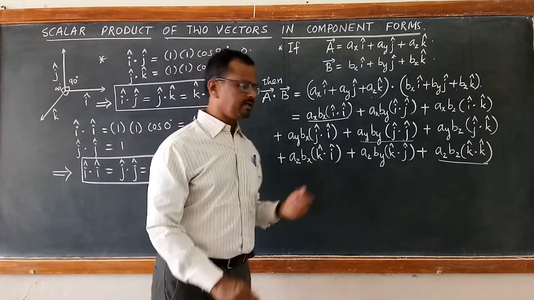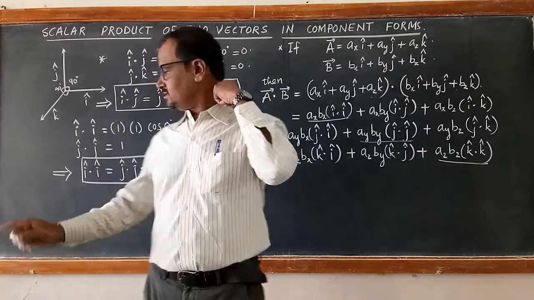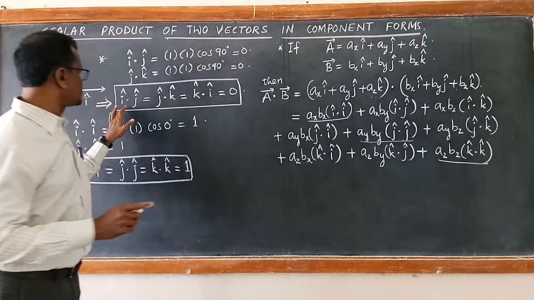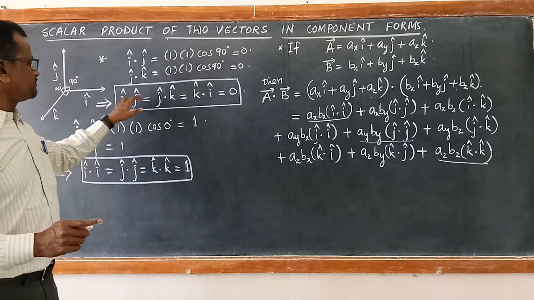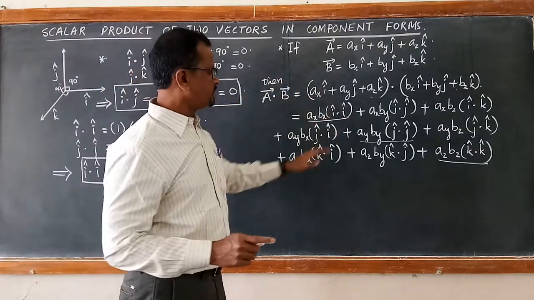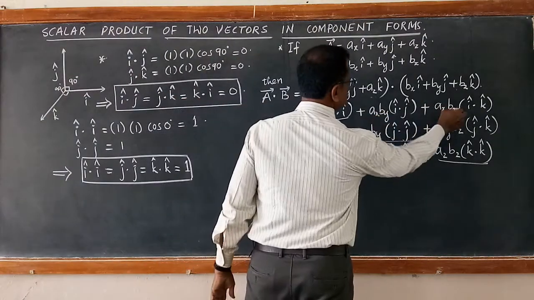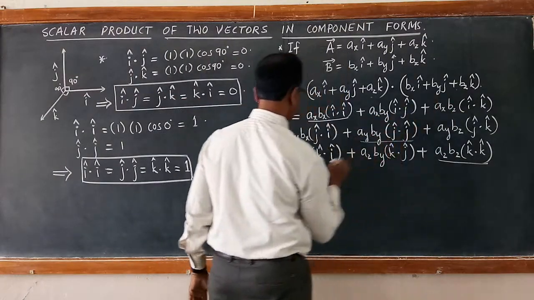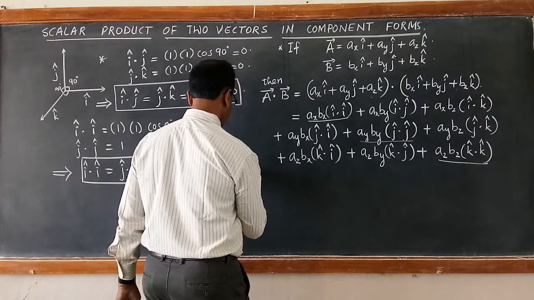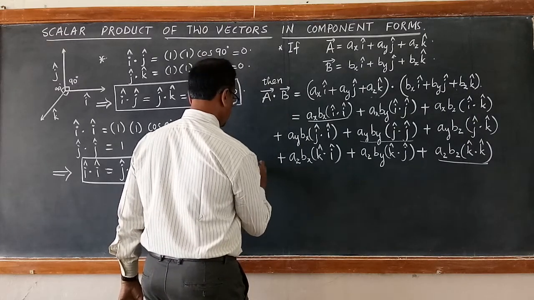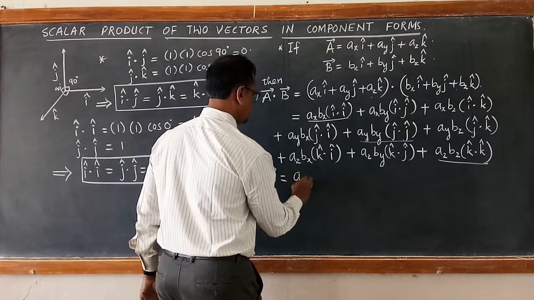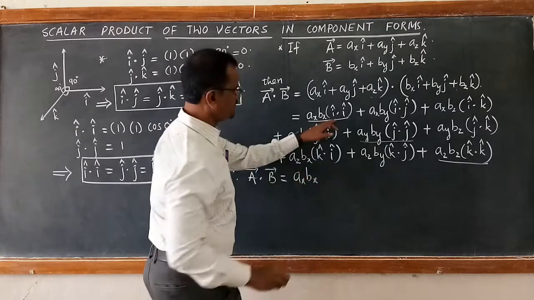The dot product of unit vectors which are mutually perpendicular to each other results in 0. Therefore, these 6 terms become 0. You are left with a dot b equal to ax bx. What is i dot i?